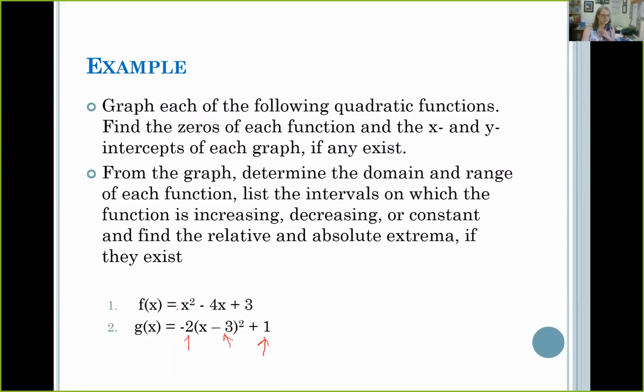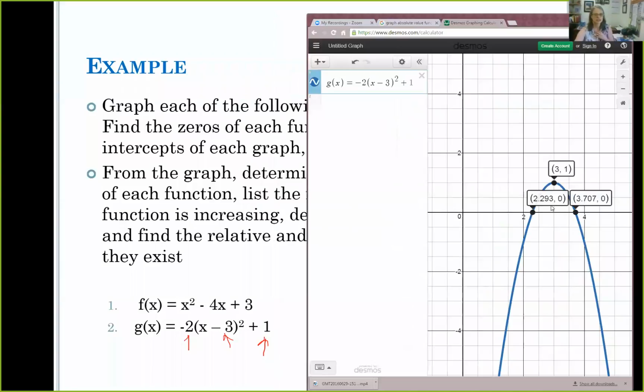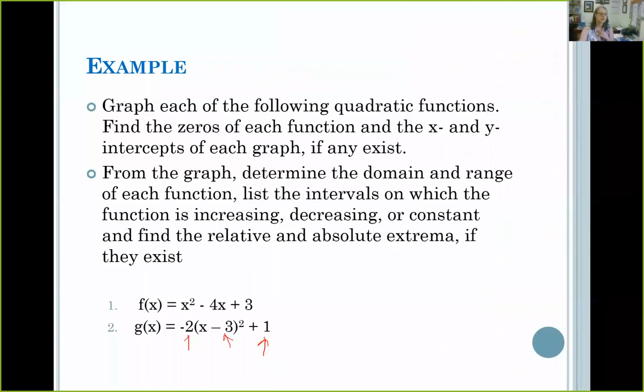So let's find the zeros. Notice that the zeros are where we cross the x-axis. That means y equals 0, right? So what we're actually going to be doing here is solving the equation 0 equals negative 2 times x minus 3 squared plus 1.